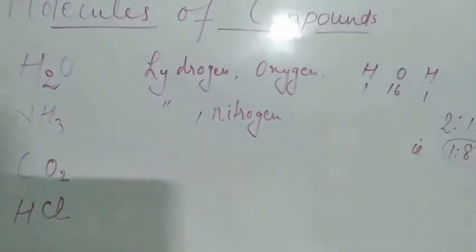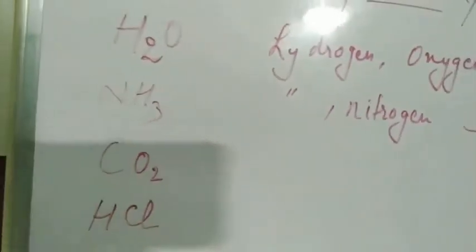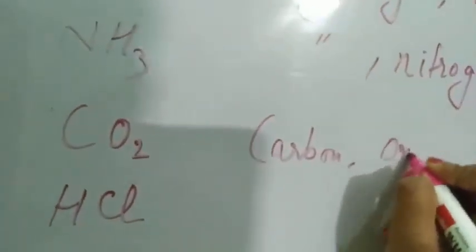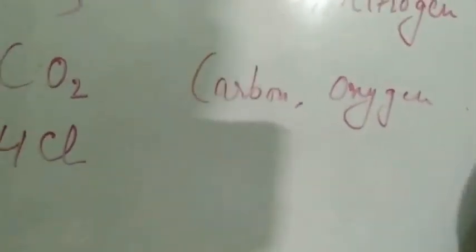Here 3 hydrogens, so the ratio of hydrogen and nitrogen is 3 is to 14, right? Then in carbon dioxide we have carbon and oxygen, correct? The mass of carbon is 12, and 2 oxygens, so 16 into 2 is 32. So what will be their ratio? That is 3 is to 8.